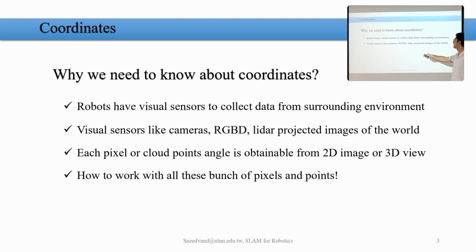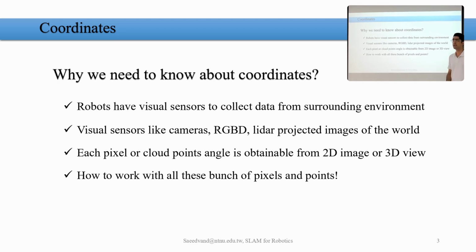We can have cameras, RGBD, LiDAR, projecting the 3D image of the LiDAR sensor into the map. Of course, points can be in 2D and 3D, and we need to be able to work with both of them.